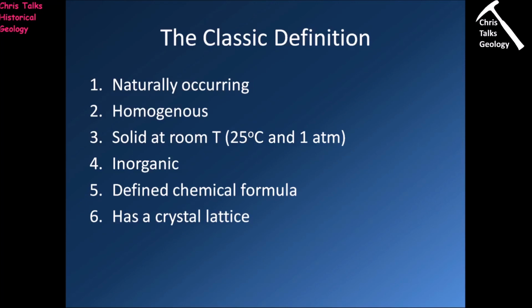So the 6 criteria, of course: naturally occurring, has to be homogeneous, has to be solid at room temperature, so that means 25 degrees Celsius and 1 atmosphere pressure. It has to be inorganic, it has to have a defined chemical formula, and it has to have a crystal lattice. So that means the atoms in it have to be organized in a repeating pattern. So these are the things that a substance has to have to be considered a mineral in the classic sense.